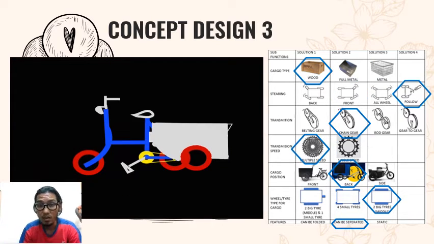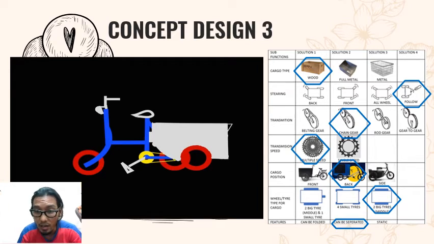For the third concept of our design, you can see at the morphological chart, for the cargo type, we selected option number 1, wood. For the steering, we selected follow, option number 4. Transmission, we take option number 2, the chain gear.